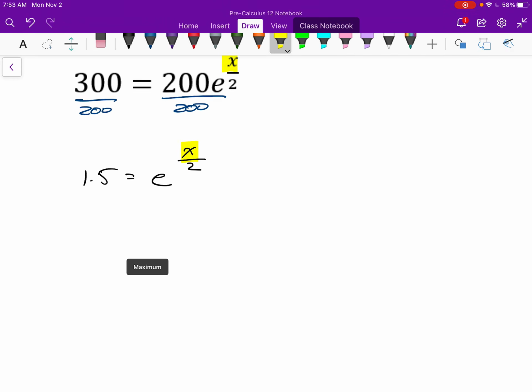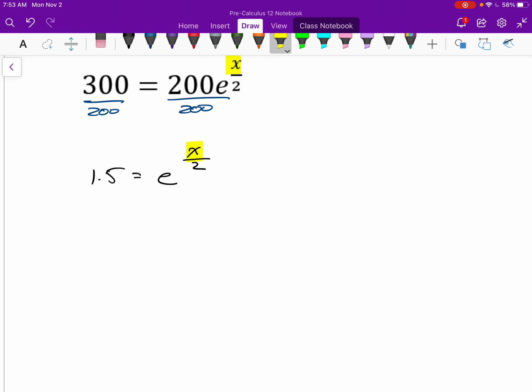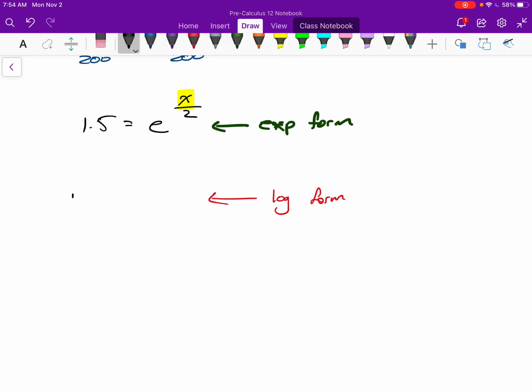Next, I always have a choice. I could log both sides. I could ln both sides. I'm just going to write this in logarithmic form. Right, so it's in exponential form, and I want to write it in logarithmic form. And so in logarithmic form, this is log base e of 1.5 equals x over 2.